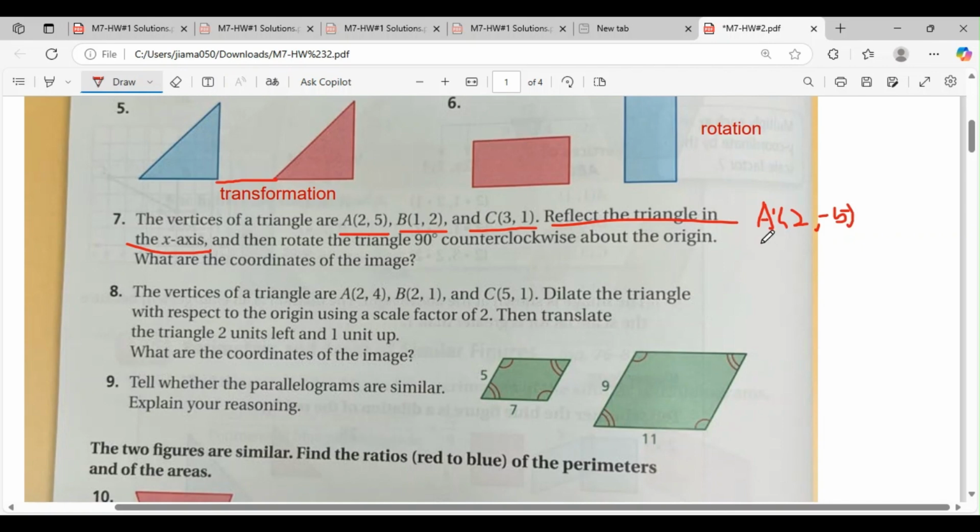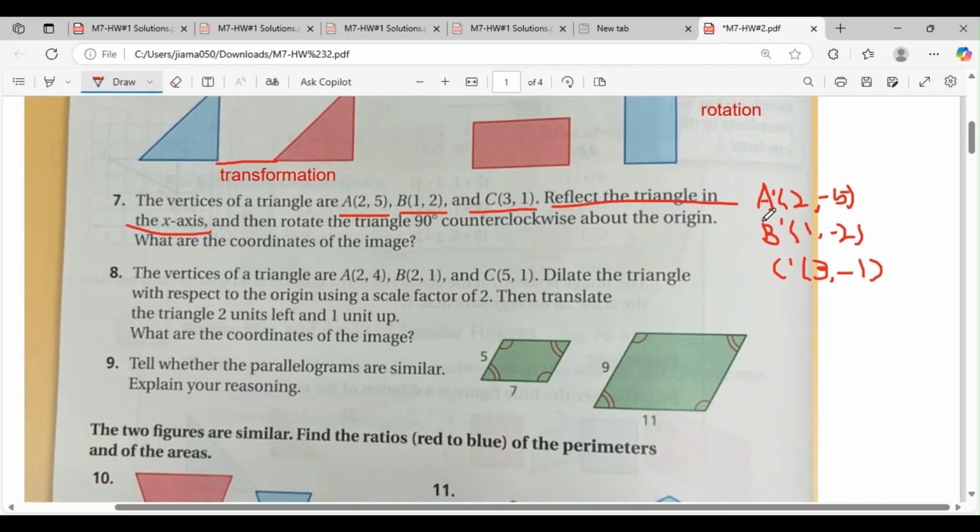Let's see B. Write 1 first and change the sign of 2, it becomes -2. Okay, C. Write 3 and change the sign of 1 to -1. Okay, this is our first step. Let's see next.